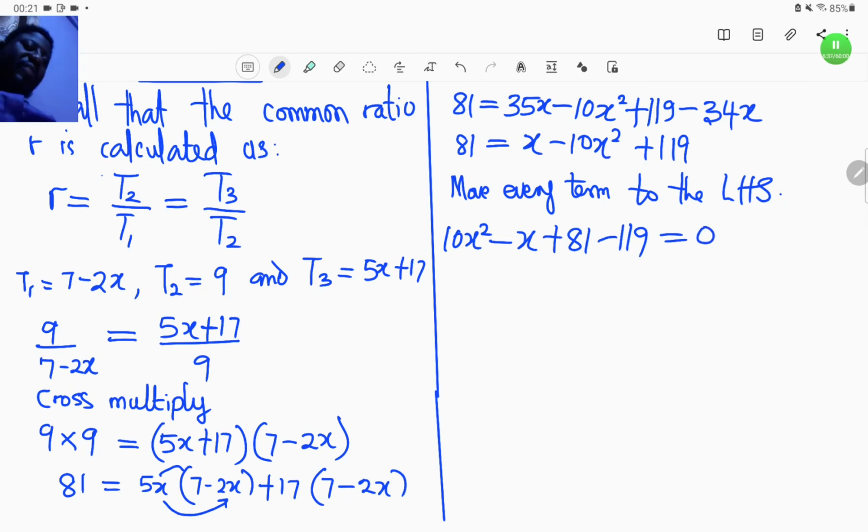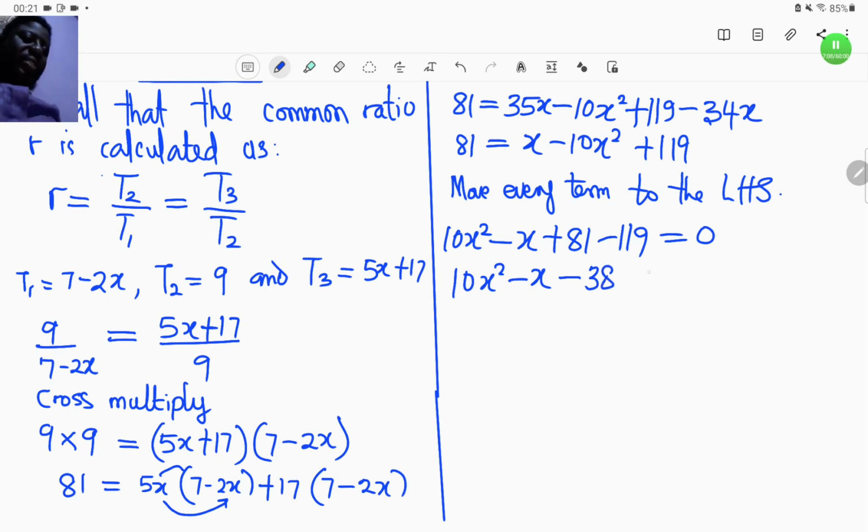Look at this well, a perfect pattern of a quadratic equation is about to be given. The next step gives us 10x squared minus x minus, because 81 is less than 119, the answer will surely be negative. So what are we having? We are having 38.